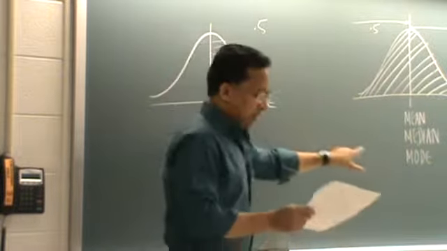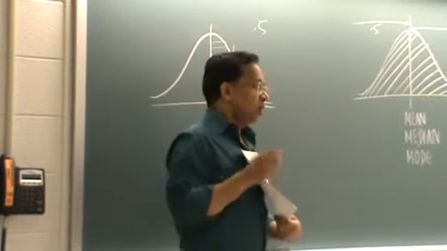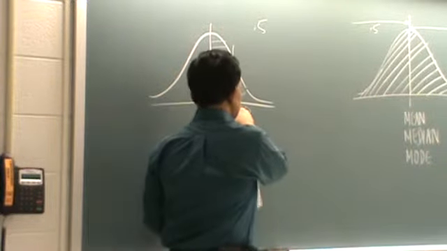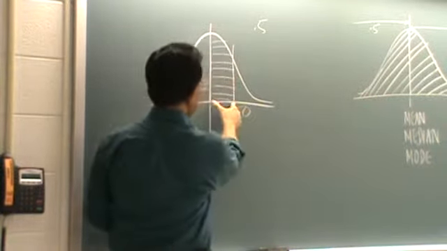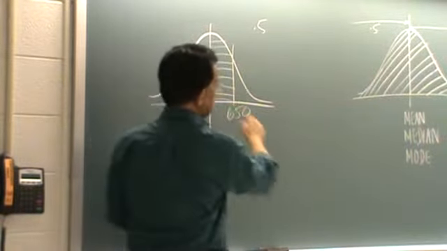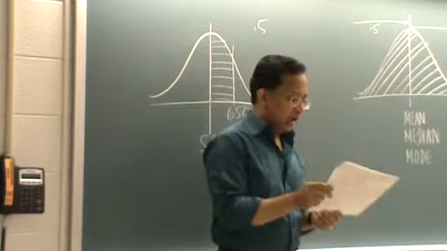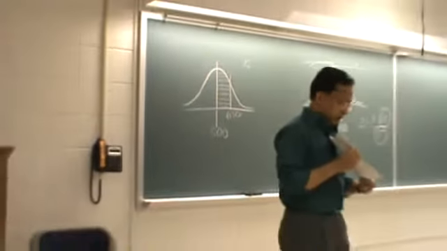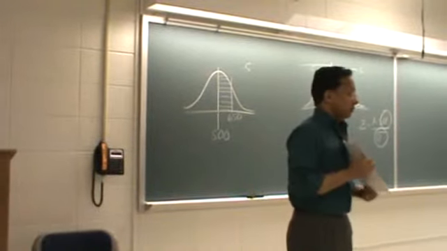We put all these things in this formula. We need to find the z-score for this, because the z-score will give you the area from here to here. So we calculate the z-score for 650: 650 minus 500 divided by 100. We have 1.5.